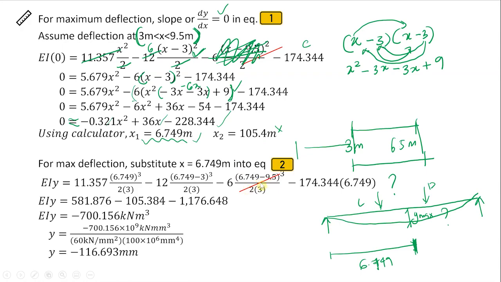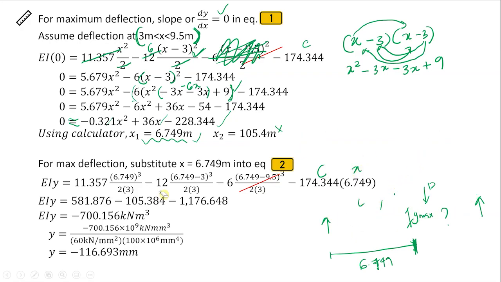So that's why here I cancel. And then don't forget CX here. Because dekat sini actually you ada CX. Okay. Because this is equation number 2 okay. Kira saja you akan cara yang sama macam you kira YD and YC tadi. Okay. It's just that dia punya value X saja yang berubah. You dapat negatif 116.693.